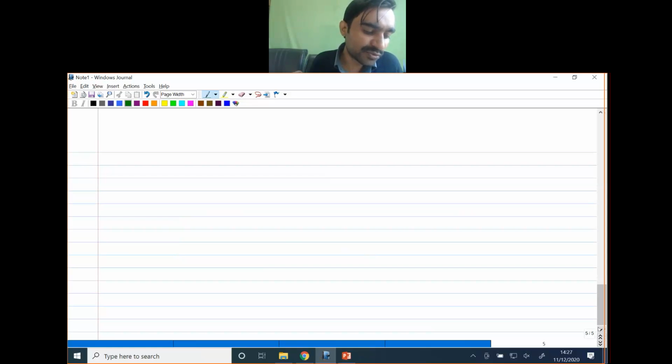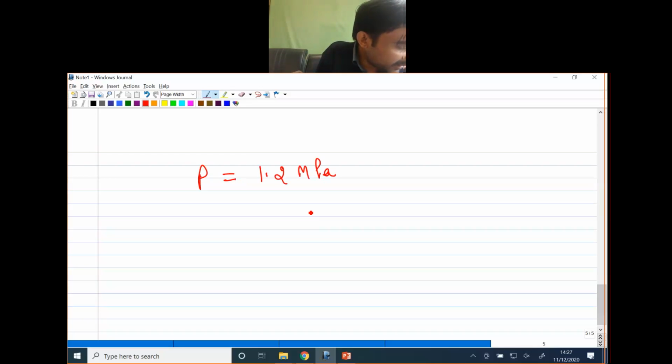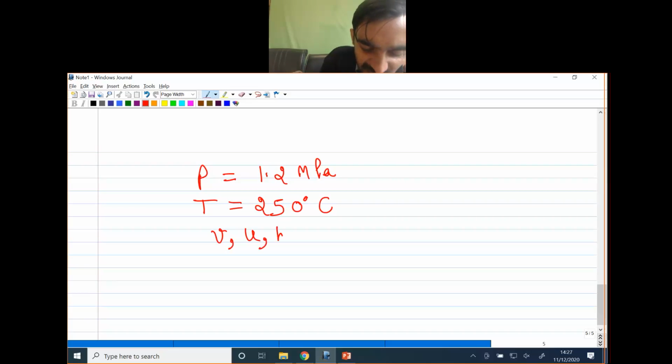Okay, now let me take up some questions in order to learn the use of superheated tables for locating the value of a property. I am giving you a thermodynamic state. Let me consider the pressure is 1.2 megapascals and the temperature given is 250 degrees Celsius. Now corresponding to this pressure and temperature, you have to determine all other properties: specific volume, internal energy, enthalpy and entropy.